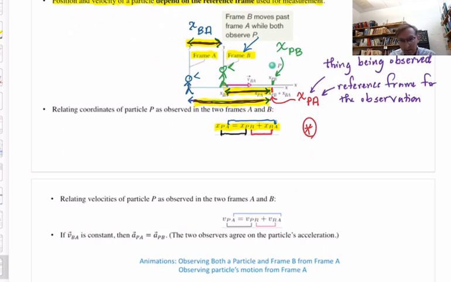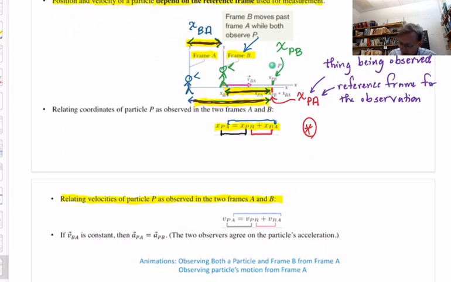How are they related? I showed you the video where there was relative velocity. All you do is take equation star and take the time derivative of both sides of every term. Okay? And then you can relate the velocities of the particles as observed in the two reference frames, A and B. And it's the same as equation star, except instead of x's, you have v's, because you're talking about velocities.